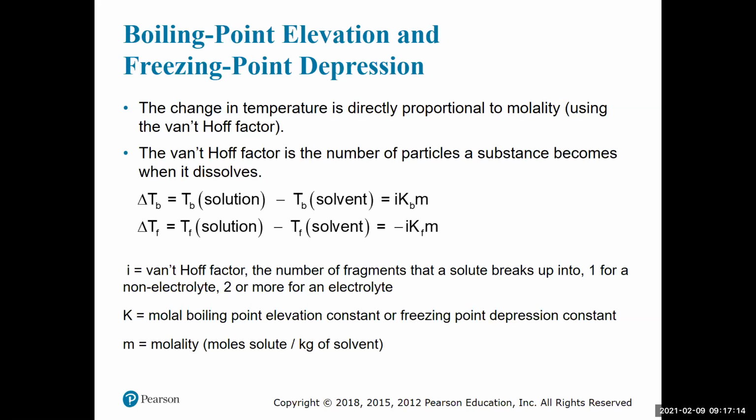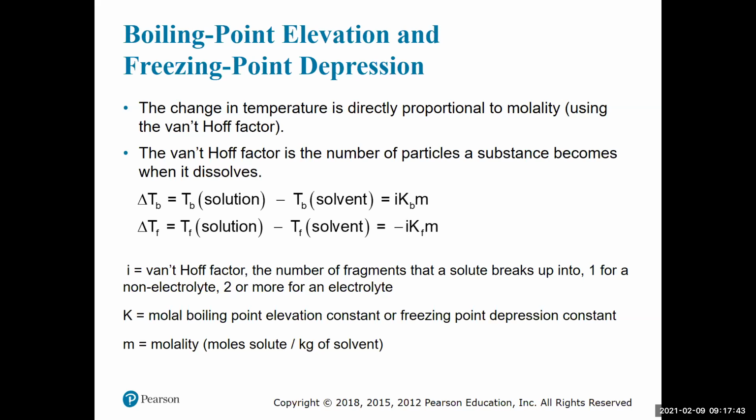And then you have to think of what is that solute that you're putting in. That's this Van Hoff factor that's represented by i. You'd have to think about, is it an electrolyte or not? If it's an electrolyte, then it's going to break up into pieces, so to speak, ions, however you want to think of it, and then that would be 2 or 3 or 4 or whatever.